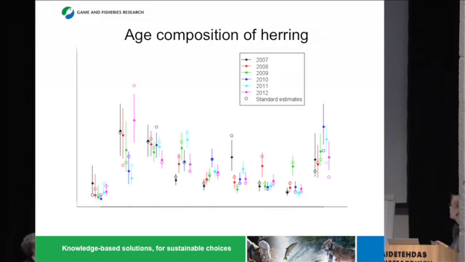The biggest differences are for 2012 for 1-year-olds and then for 8+-year-olds. And as I said, 2012 was quite problematic because of this reduction in the survey resources.